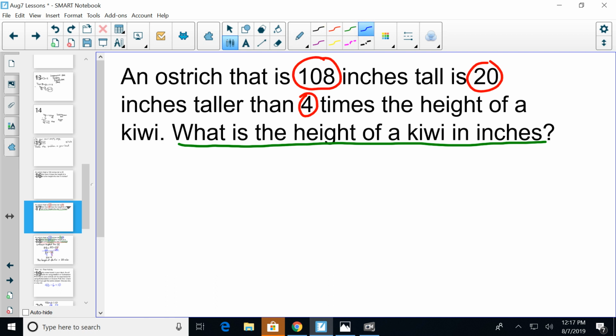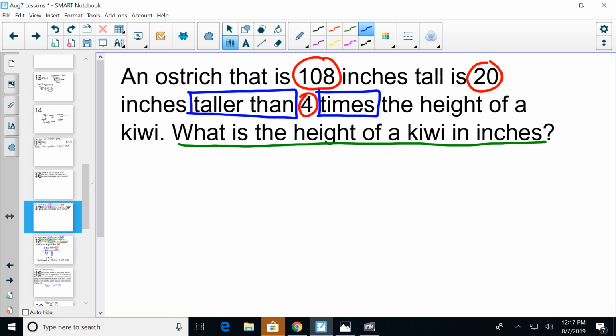So then what are my key words that help me to set up the equation? Times. What else? Taller than. Because that tells me something.